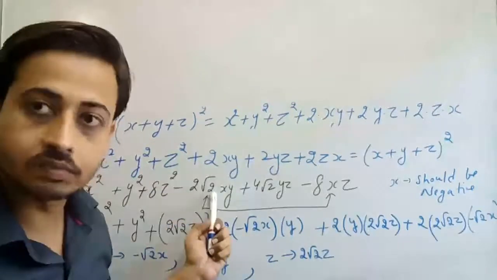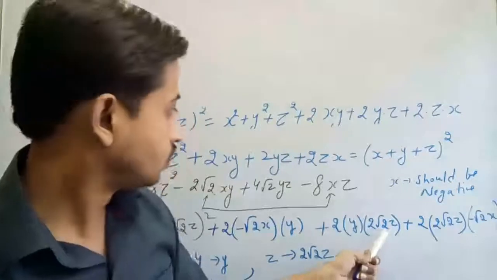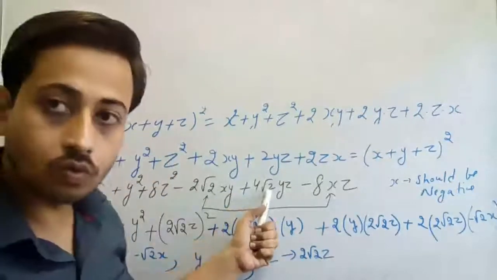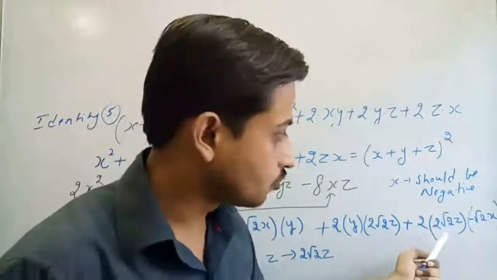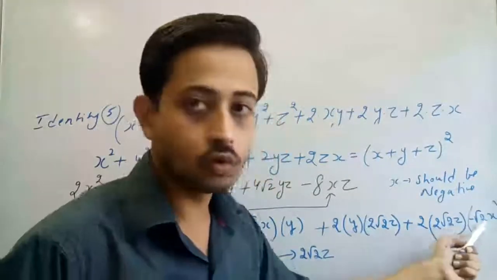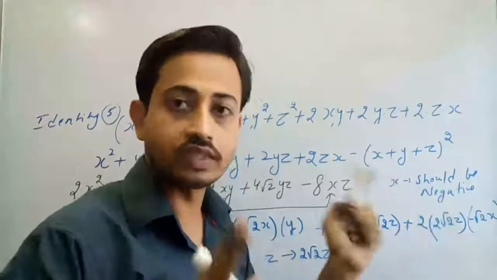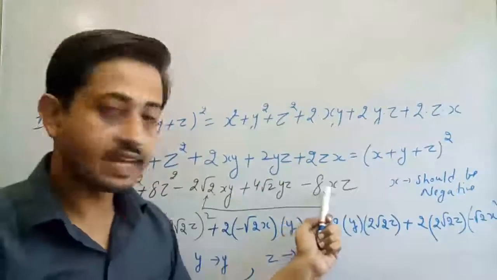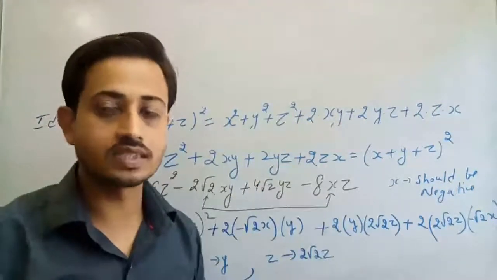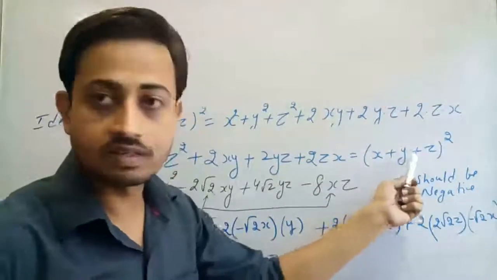Minus 2 root 2. It means same. Now 2 multiplied by 2 into 2, 4 root 2. So we get 4 root 2 yz. It means this is also correct. Now 2 multiplied by 2 into 2, 4 and root 2 into root 2, 2. 4 into 2, 8 and the negative sign comes out. So we get minus 8xz. Minus 8xz. It means our question is correct. So what's the right hand side? x plus y plus z whole square.